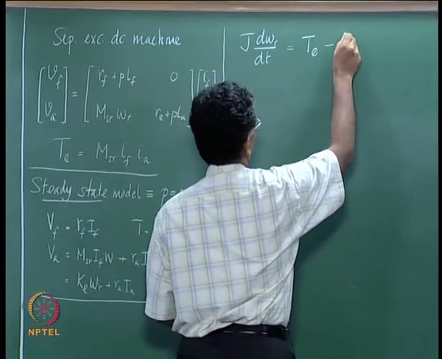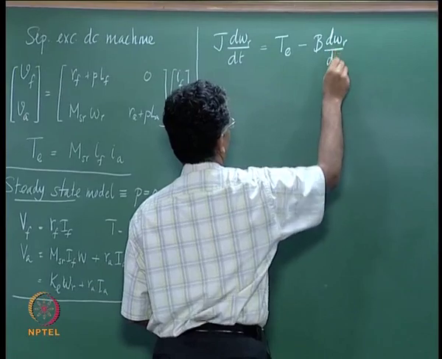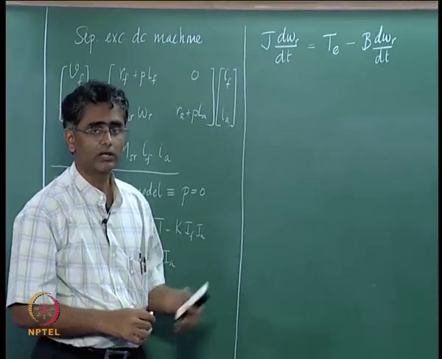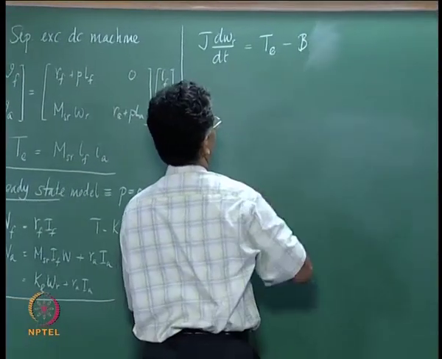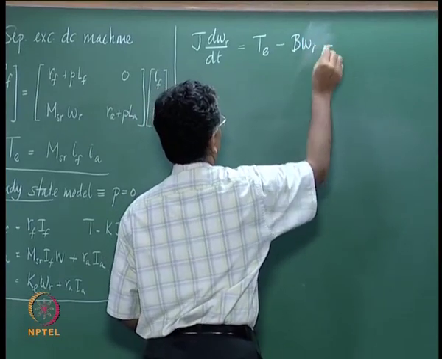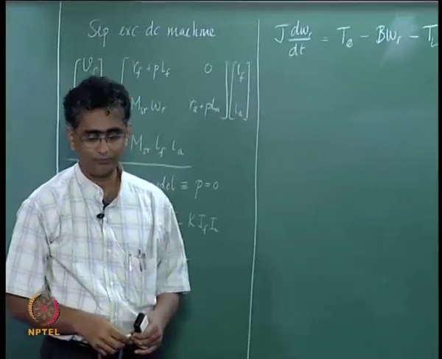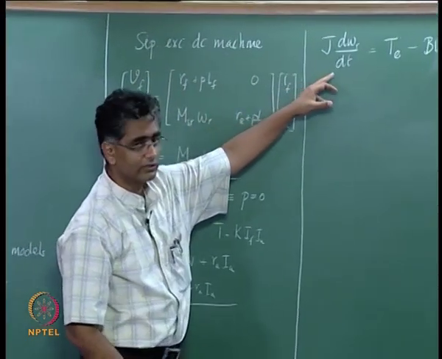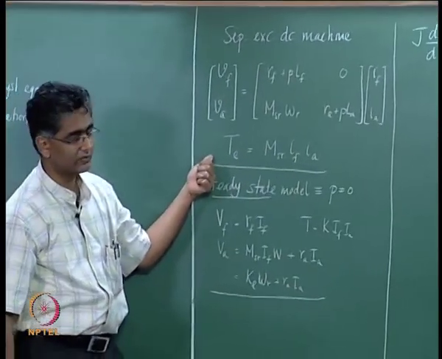This is of two forms. One may be the viscous friction drag that is there, which is B times omega R, and then a load torque that may be applied, which could have any form. So the differential equations of the system are these two equations, and this is the next equation. The expression for Te is as given here.